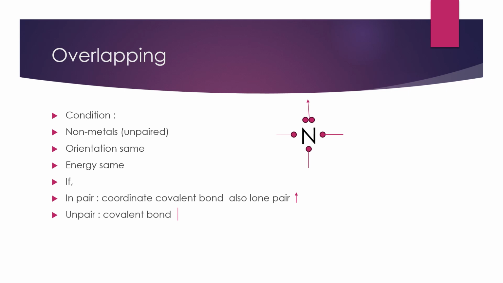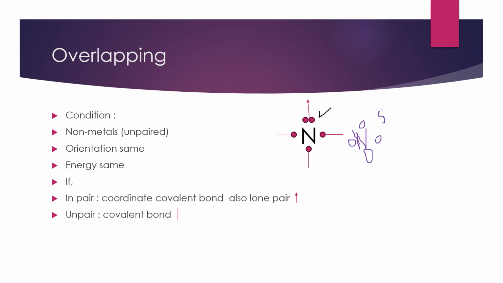As in nitrogen, we know that nitrogen has 5 valence electrons. There is a rule for writing the electronic configuration. We have 5 electrons in the valence orbit, so we place them 1, 2, 3 and 4.